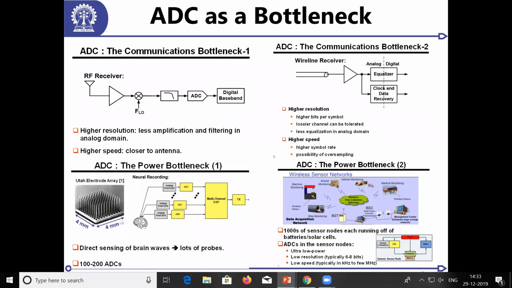And that's why nowadays nobody uses the hand watch, they all rely on the cell phone, because it gives you the accurate time. It synchronizes always with the base station. So there is something called a clock and data recovery circuit that comes in over there. And the CDR is also done now digitally, using ADCs. These are the communication bottlenecks.